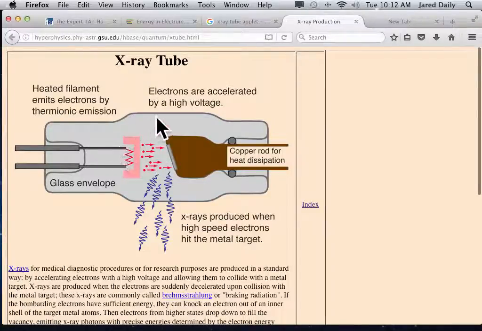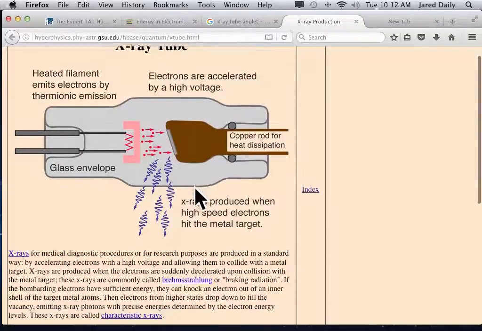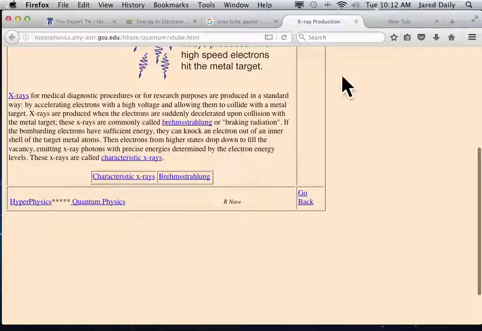You have a voltage between here and here. They have these very close together. This is encapsulated with glass and a vacuum inside. It has a copper target. As the electrons hit the copper, the X-rays come out the side in this case. In ours, they came out the end. Either way, it works.